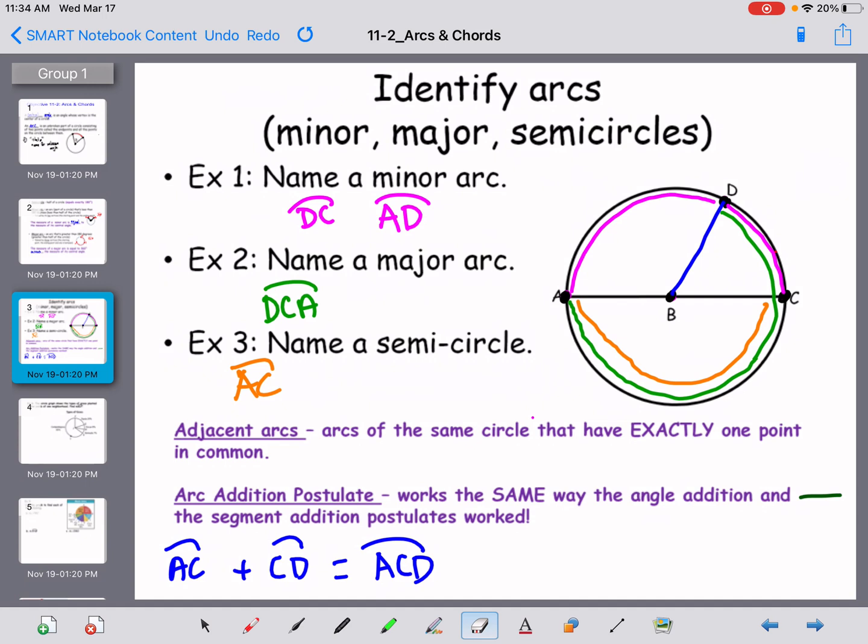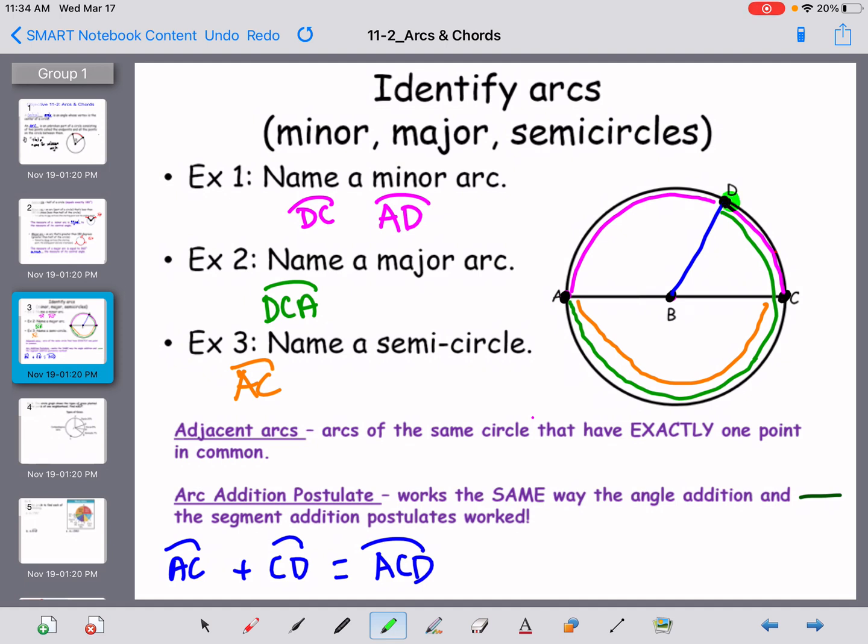So here's an example where we're going to identify the different arcs in this circle. So if we had to name a minor arc, we could name AD or we could name DC. They're both originally in pink. If we had to name a major arc, that would be the arc in green.